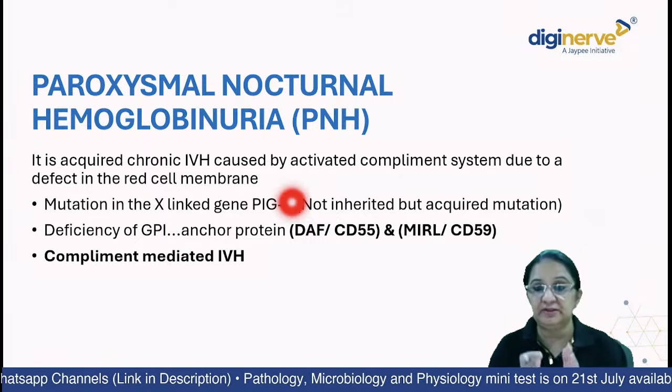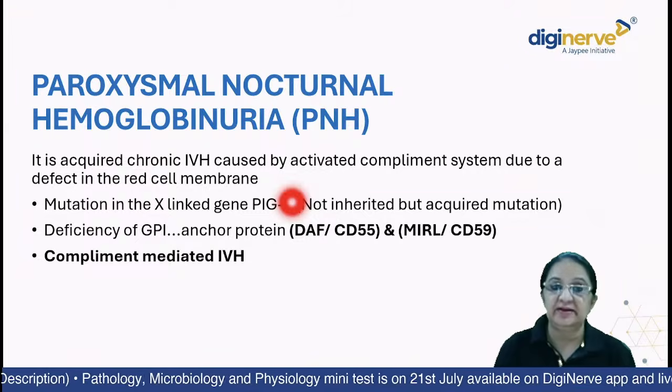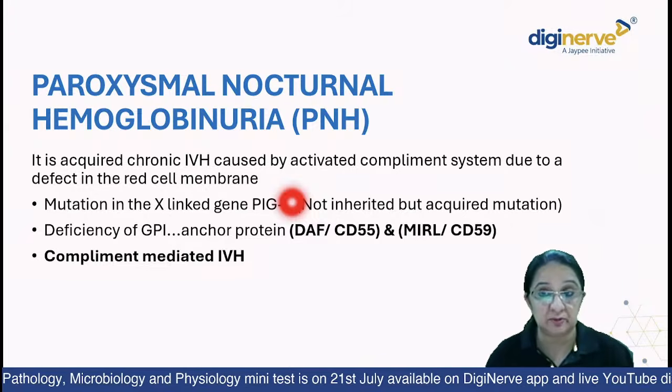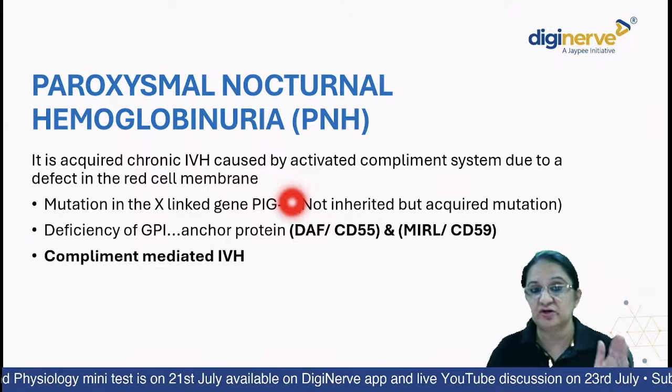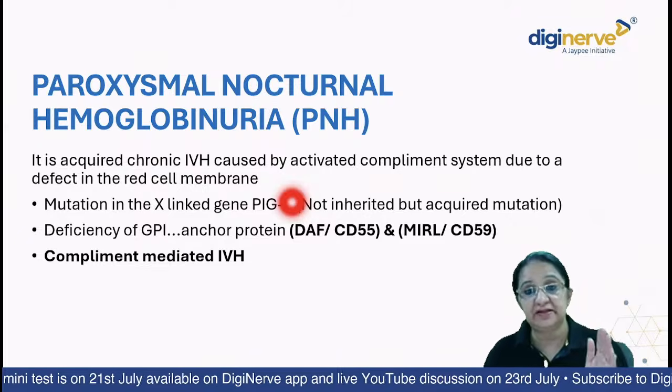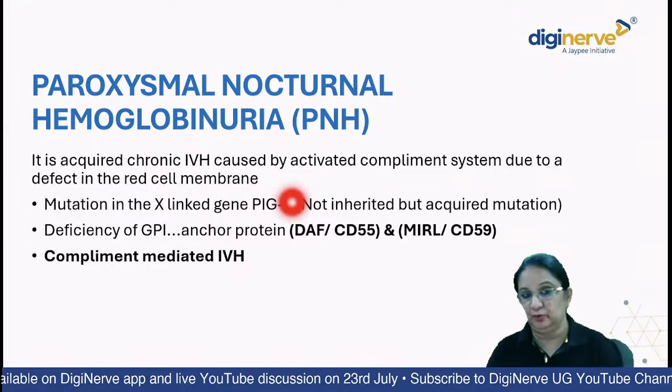I hope you remember the figure of the red blood cell that we studied yesterday about the hereditary and acquired hemolytic anemias. All the hereditary hemolytic anemias were because of a defect in the red cell, either the membrane or within the cell, the enzyme or the hemoglobin.